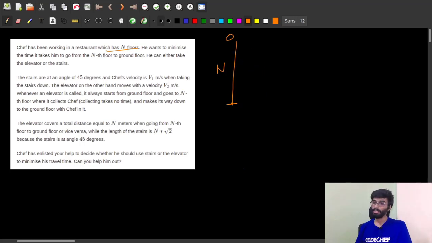The stairs are at a 45-degree angle from the nth floor, and the speed of walking on stairs is v1 meters per second. The elevator is initially at the ground floor.